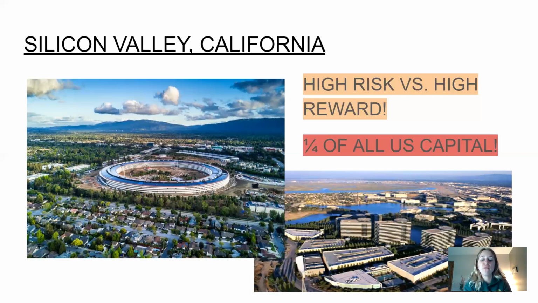You have a high risk because nearly 2/3 of all high-tech industries fail. But if it's part of that 1/3, you will be making a lot of money. Nearly 1/4 of all United States capital is spent on industries in Silicon Valley in California.